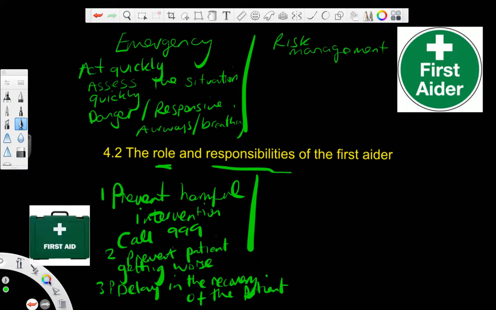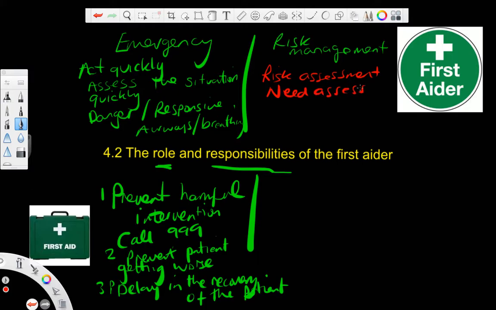Over on this side then, we change this up. In risk management, that's looking at how they can minimise the chances of first aid occurrences in the first place. A lot of the time, it's doing a risk or needs assessment, normally called the needs assessment for first aid.